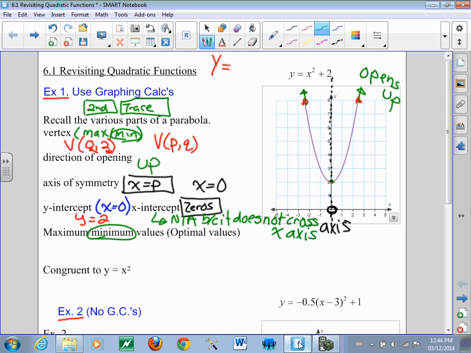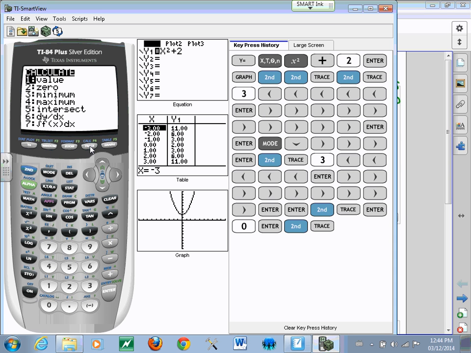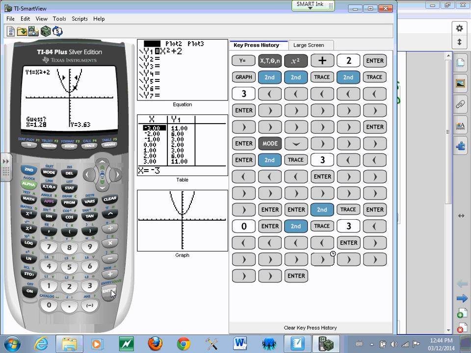Okay, awesome. The next thing we need to take a look at is our min or max value. We already discussed it was a minimum, but I want to make sure you understand that's called an optimal value. An optimal value is, hey, how low can we get? We already know it's a minimum. So the lowest part we can get, according to the graph, is 2. But again, we can use the graphing calculator to prove that. So second trace, minimum again, go to the left side, hit enter, go to the right side, hit enter, guess.